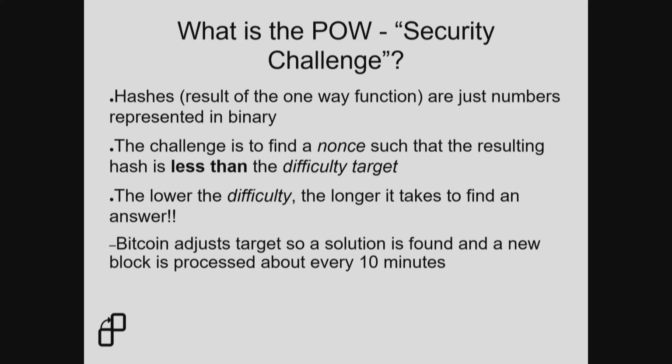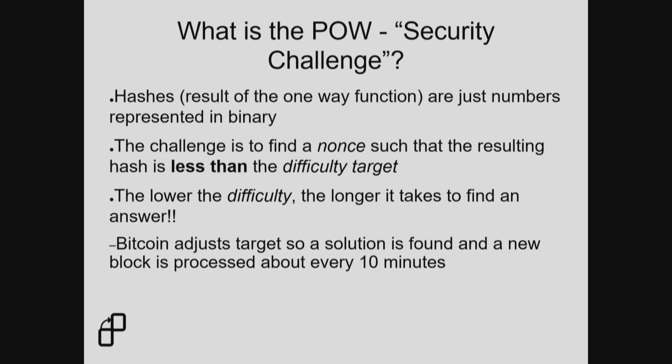So the challenge is we want to find a nonce, a random value, by guessing, so that when the block header data and the nonce are concatenated together and run through the hashing algorithm, the resulting number in that hash is going to be less than a special number called the difficulty target.